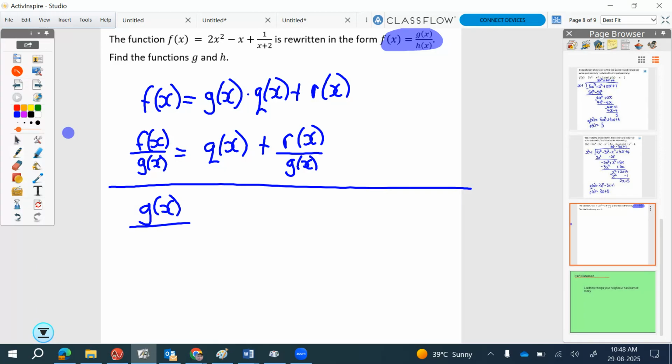This question, g of x over h of x, is equal to 2x squared minus x plus 1 over x plus 2. Look at the shape and form of this and the shape and form of that. What is the remainder?